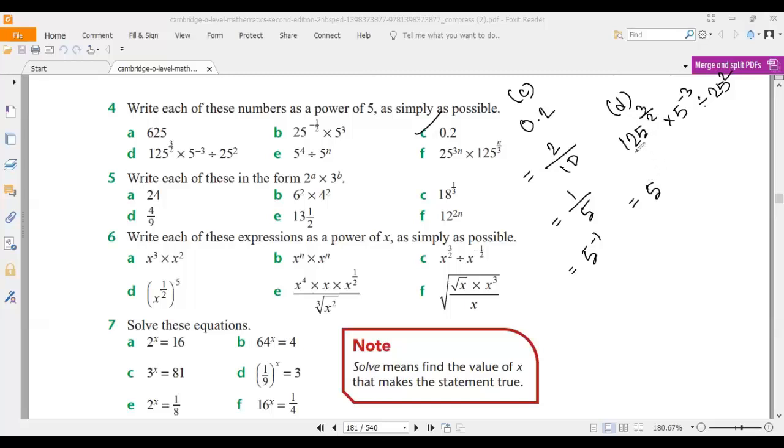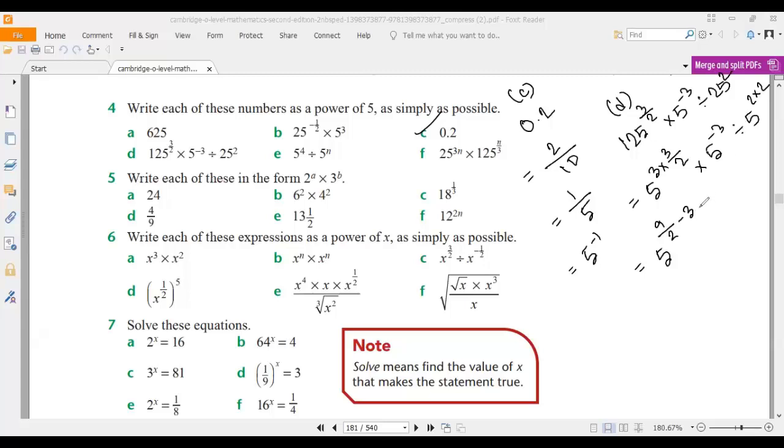So instead of 125, I'm writing 5 cube to the power 3 by 2 multiplied by 5 to the power minus 3, and 25 represents 5 squared. So here we can write divided by 5 squared, that means 5 to the power 2 into 2. Here in this index form, we have a multiplication sign, so we have to add the powers. So it will be 3 3s are 9 by 2 minus 3.